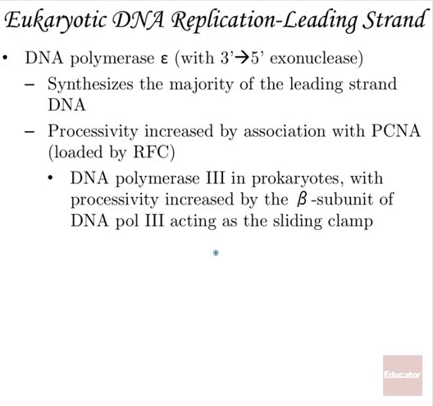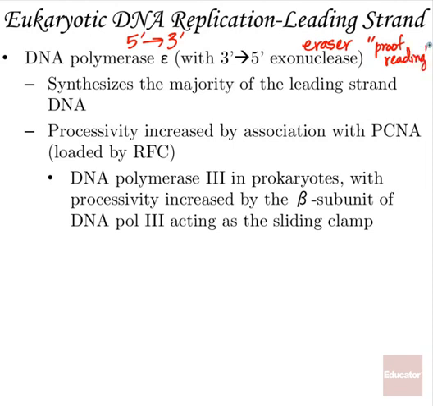So let's go to the leading strand. The leading strand is synthesized by DNA polymerase epsilon. Now DNA polymerase epsilon still has a 5' to 3' directionality, but it has a 3' to 5' exonuclease activity as well, which we can just think of as an eraser function, and it is called proofreading.